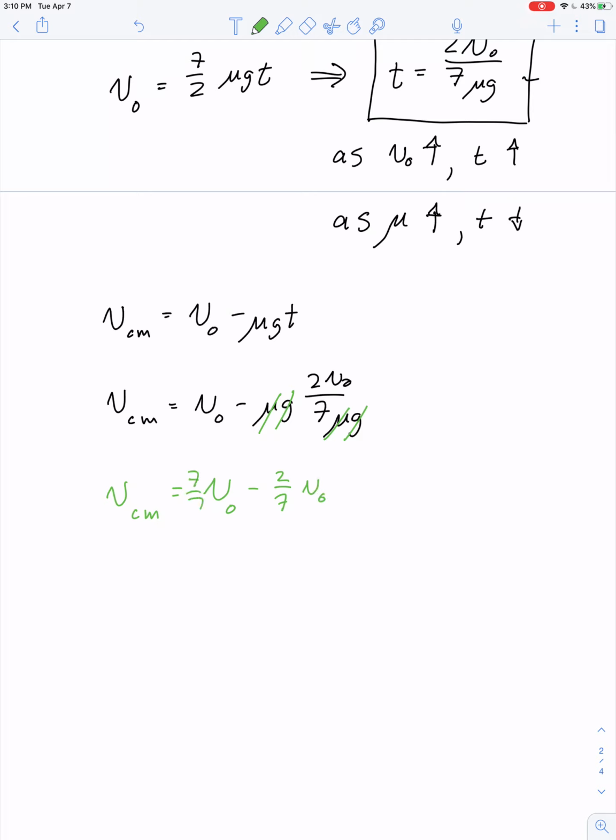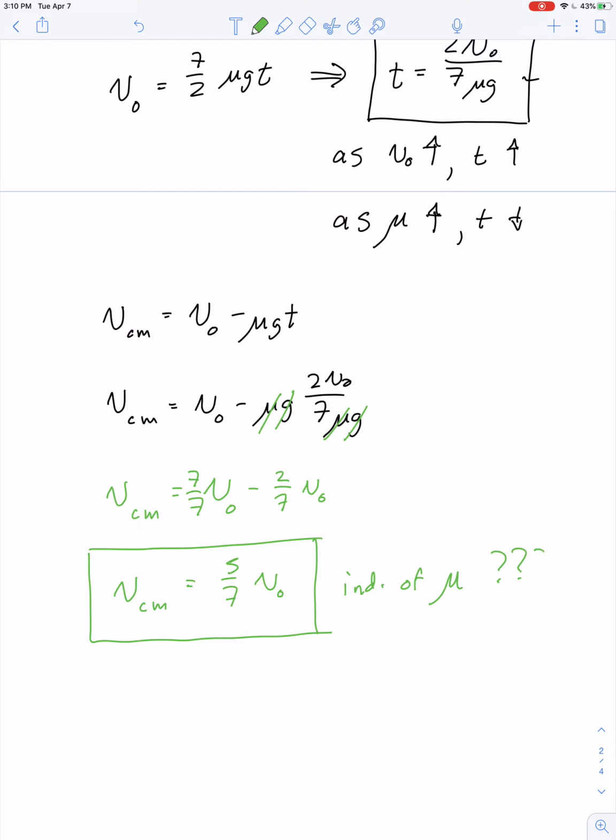So we can think of this as 7/7. So the final speed, once it finally reaches a state of pure rolling motion, will be equal to 5/7 of the initial speed. And notice that that's independent of the value of mu. Isn't that curious?